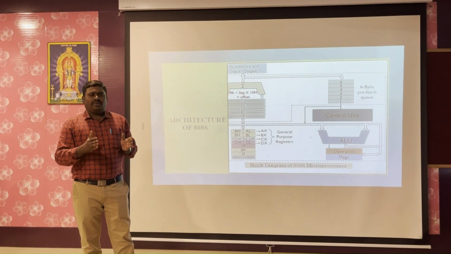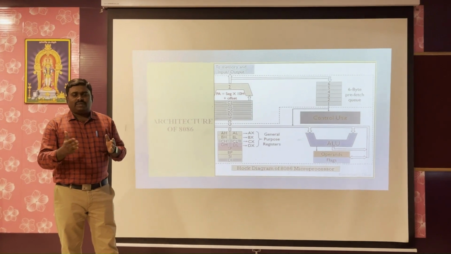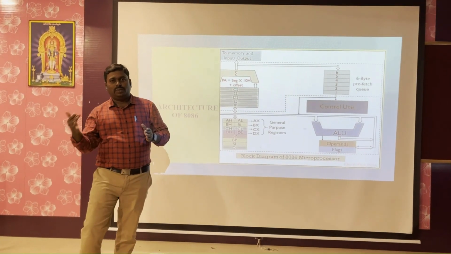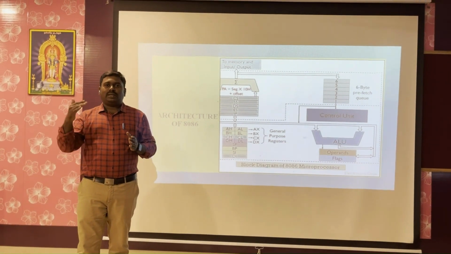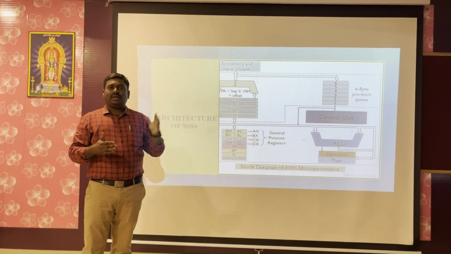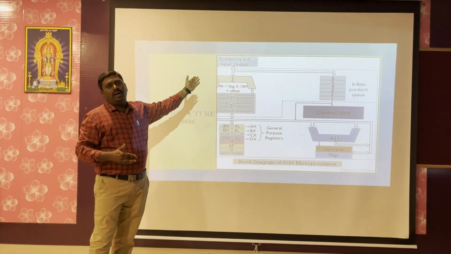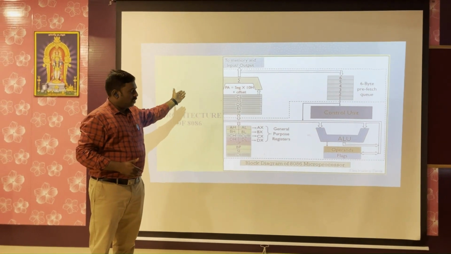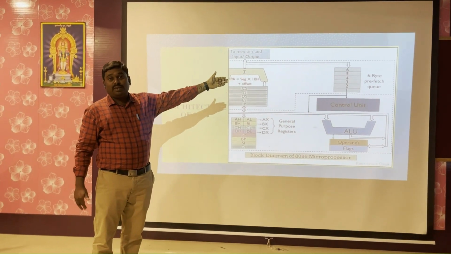So while we get one instruction from the instruction queue, another instruction is executed. When executing, the next instruction is prefetched from the instruction queue. First, we get the data from the input or output ports or memory devices, and the data is passed through the 6-byte prefetch queue.